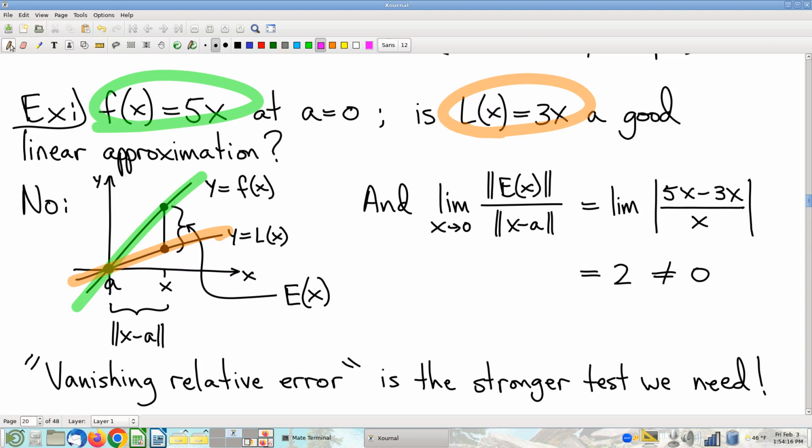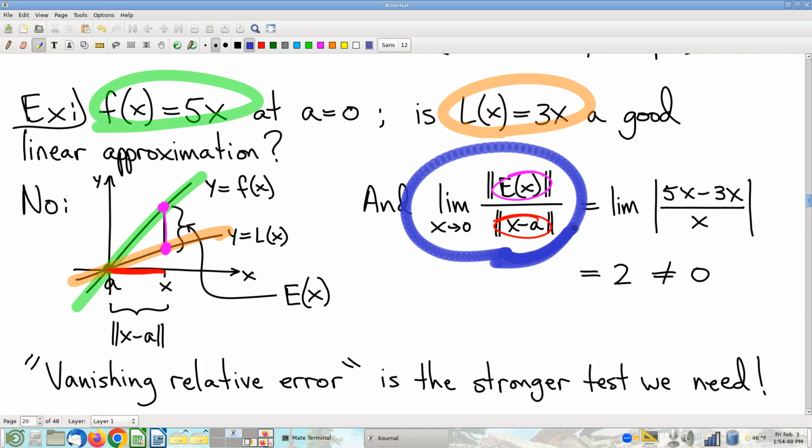Well, the relative error is the difference between the actual value and the estimated value, but then divided by how far off we are from where we're doing the estimate, namely x minus a. And if you plug in for what these things are, we know all of the functions involved, and we have formulas for everything in that expression, and that limit, this relative error, does not approach 0.